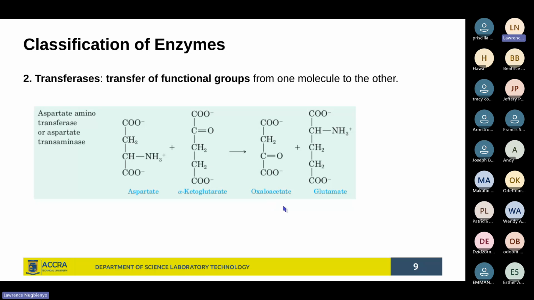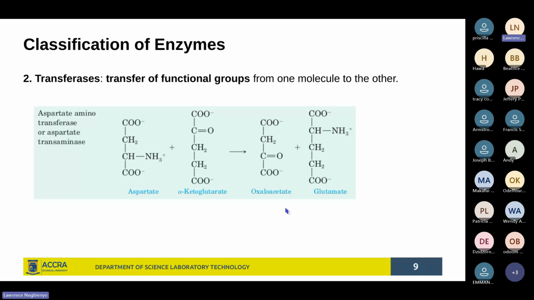And this reaction, I said, we will see it in the metabolism of proteins. And clearly you will see that this is a connection between protein metabolism and carbohydrate metabolism, because you see clearly that, yes, alpha ketoglutarate you will find in the Krebs cycle.